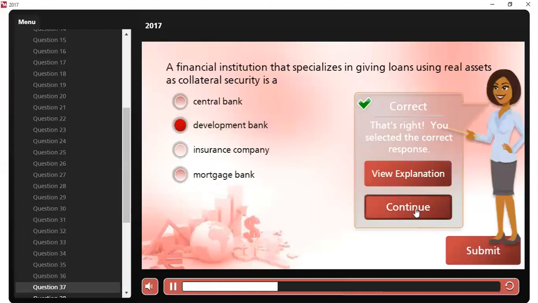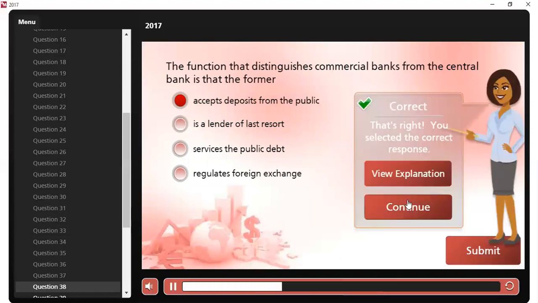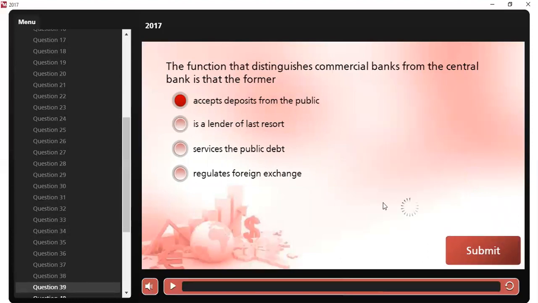Okay. So, question 38. The function that distinguishes commercial banks from the central bank is that the former accepts deposits from the public. That's the only thing that distinguishes commercial bank from central bank.